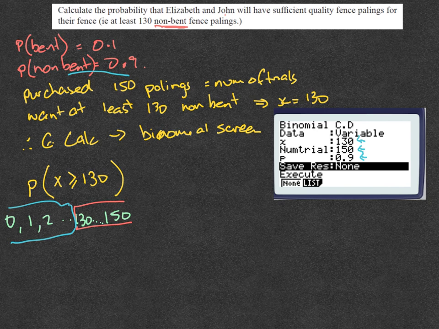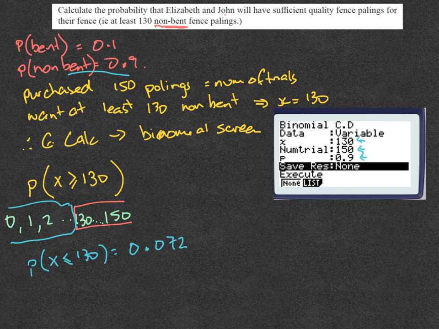We've worked out here what is less than 130. So the probability of x being less than or equal to 130 is equal to 0.072. But of course, we want more than that.